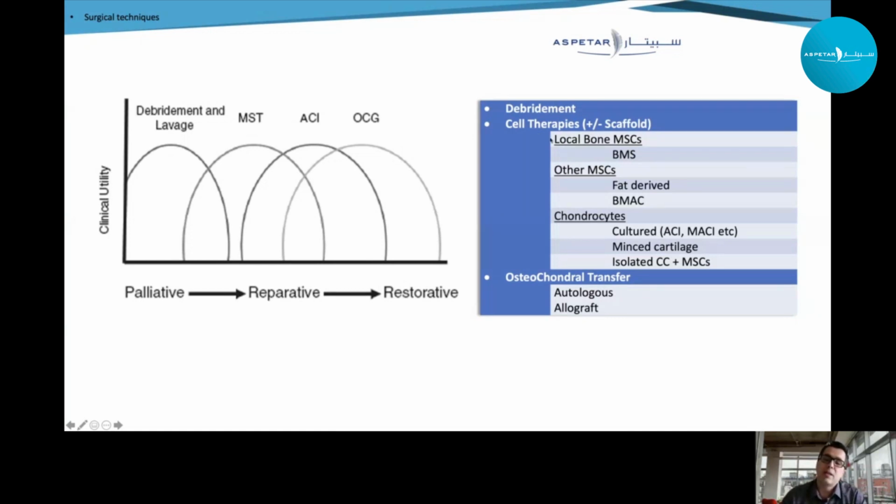And these cell therapies can be further divided into 2 more groups. The ones dealing with stem cells alone, either local from bone marrow stimulation techniques like microfracture, for example, or delivered in the area, where the donor site would be either fat or bone marrow from other sources, for example, iliac crest.